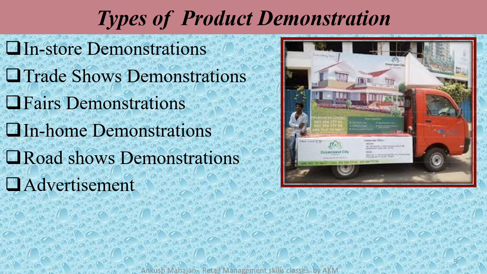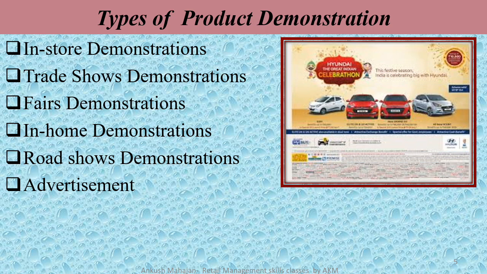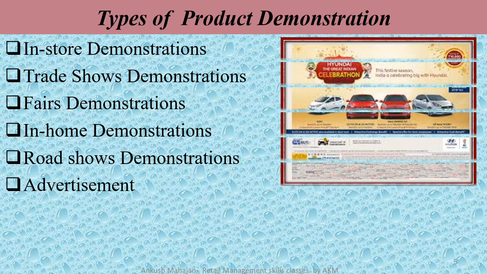Now the last one is advertisement. Advertisement may be a product demonstration through some pamphlet or some newspaper or through some TV ads. So there are 6 types of product demonstrations.